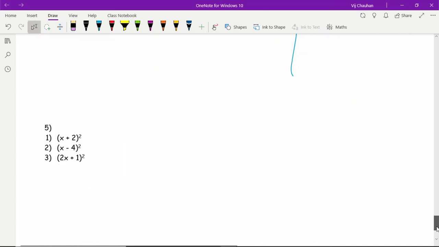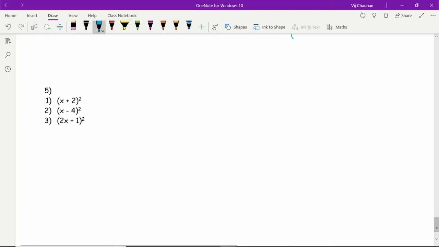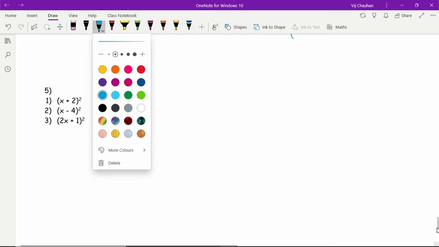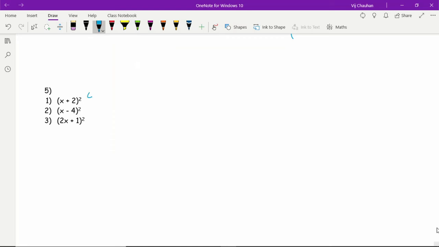So let's have a look at just 3 quick questions on this then, and let's have a look at what you should have. So again, pause the video if you want to have a go at these questions yourself. For the first one, we've got x plus 2, x plus 2, and if you expand that out, we get x squared plus 4x plus 4.